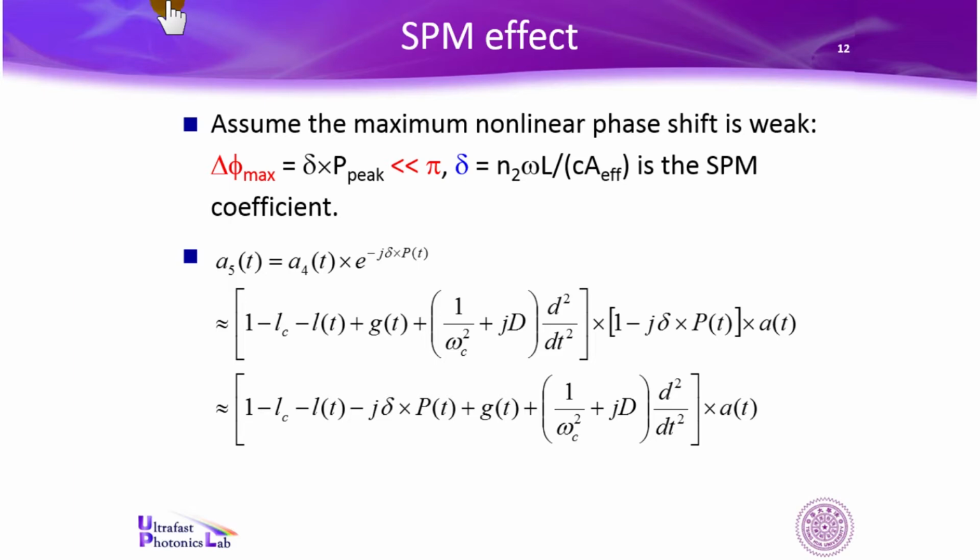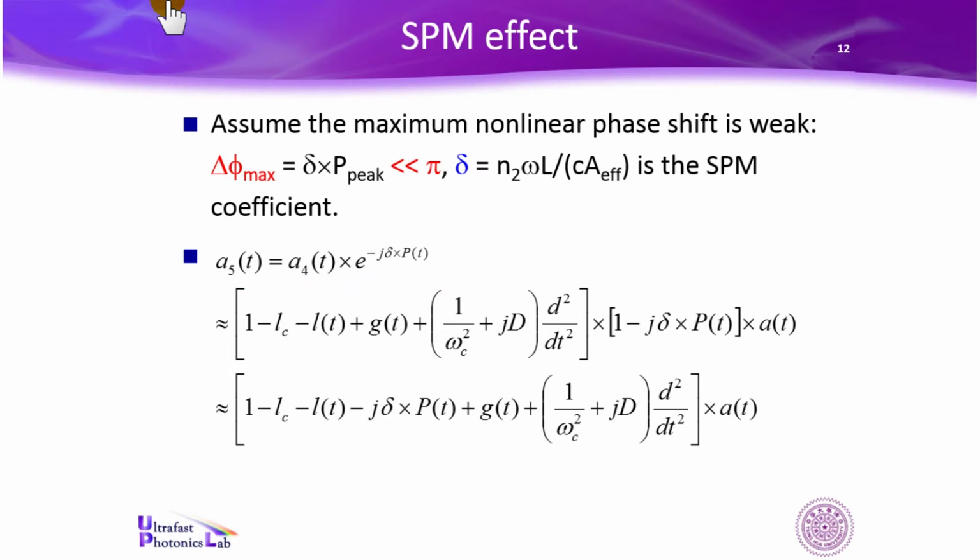In this case, the new pulse is the old pulse multiplied by a pure phase modulation term, e to the minus j delta, where delta is the SPM coefficient, times the envelope power of the driving pulse.